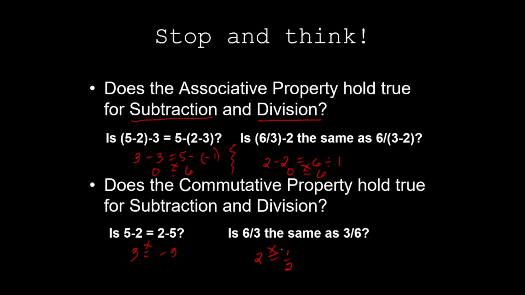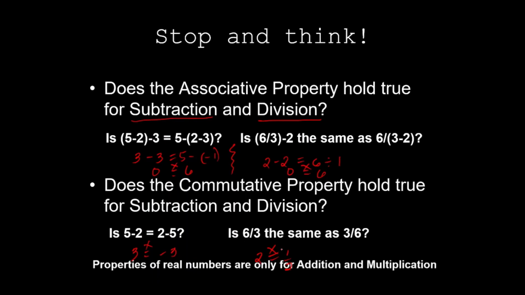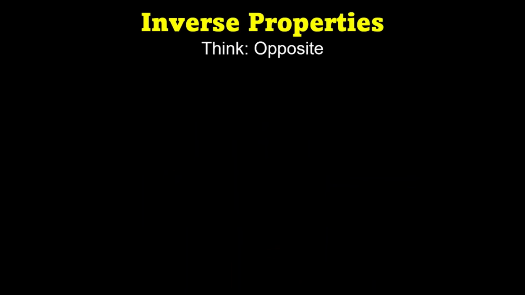Again, si commutative property at si associative property does not hold true kay subtraction and division. Kay multiplication and addition lang siya. Tandaan, yung properties of real numbers ay para lang kay addition and multiplication. Hindi kasama si subtraction and division.